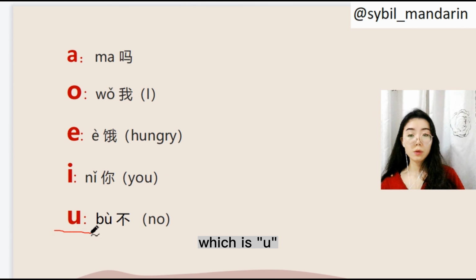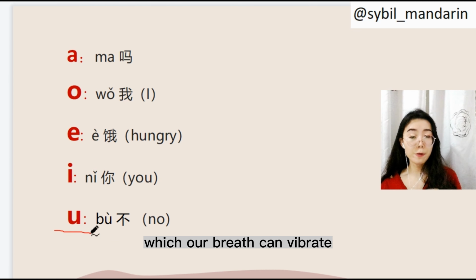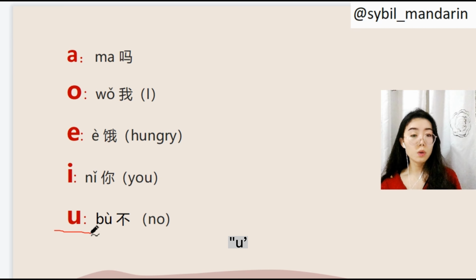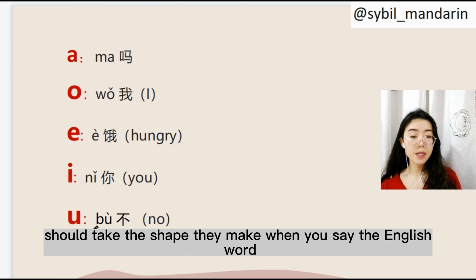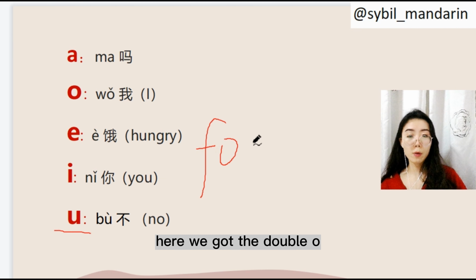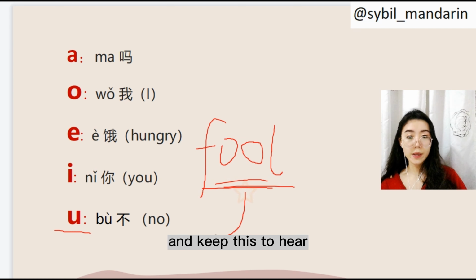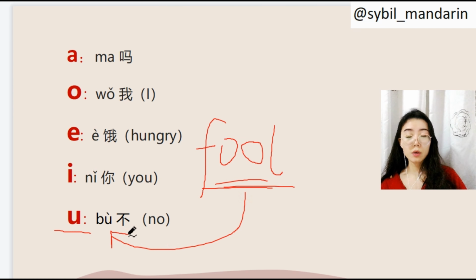Alright, now let's look at the fifth one, which is ooh. Push our lips forward and make a narrow gap through which our breath can vibrate. Our lips should take the shape they make when you say the English word full. Here we got the double O, pronounced like ooh, full. Keep this going: ooh, boo.